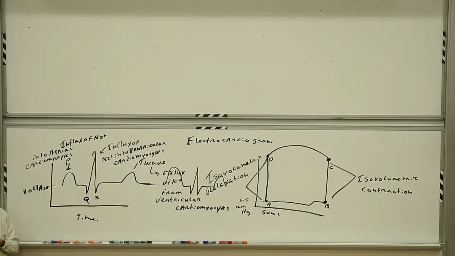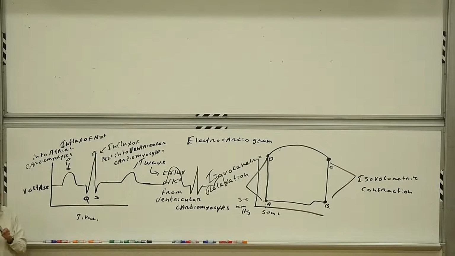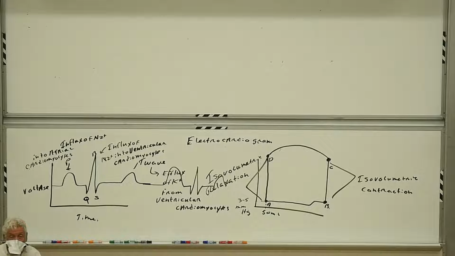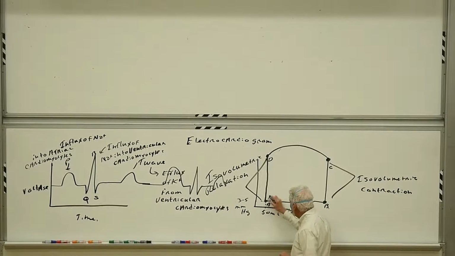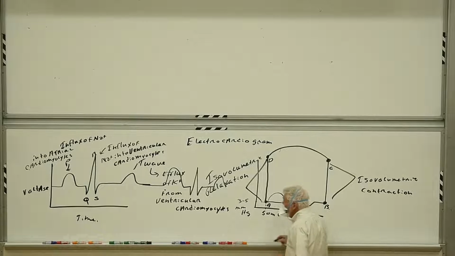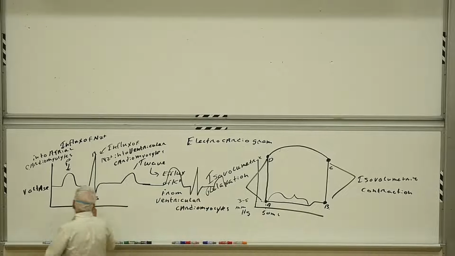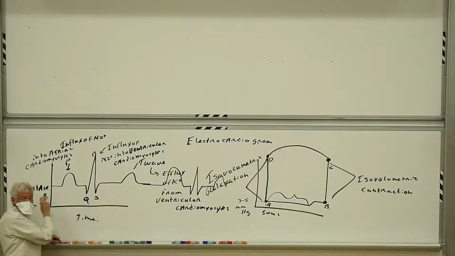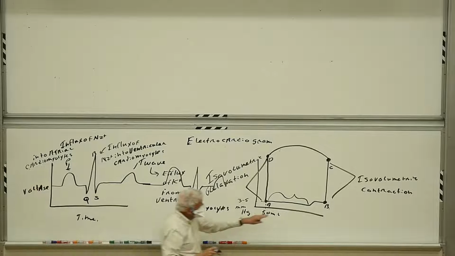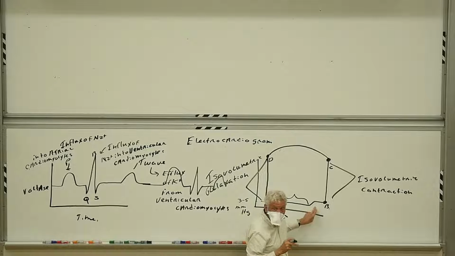Any questions? Yes? So the A to B, that's the P wave? Or is that... So A to B. Mm-hmm. So much of this is going to be during this interval between the end of the T wave and the beginning of the next P wave. But the P wave represents the pressure generated by the contraction of the atrial cardiomyocytes.